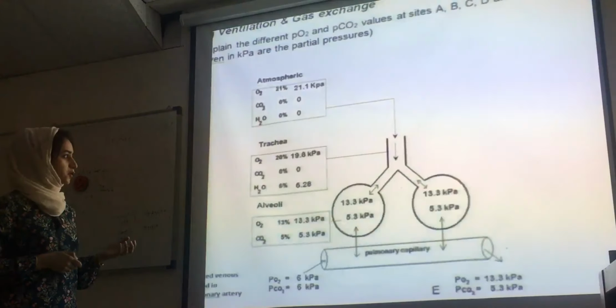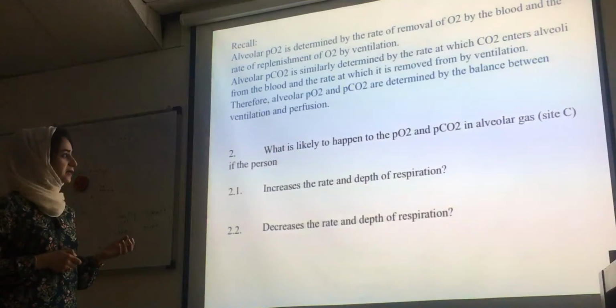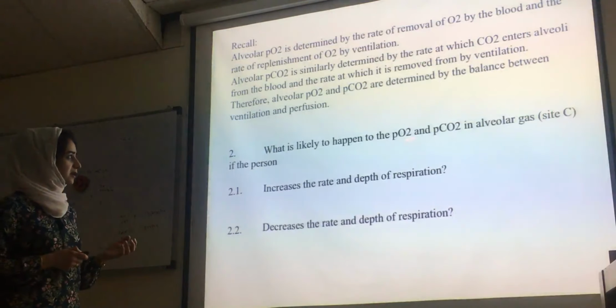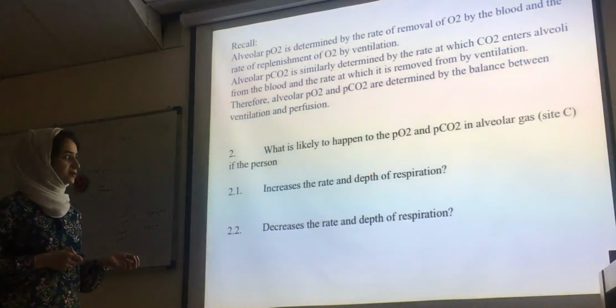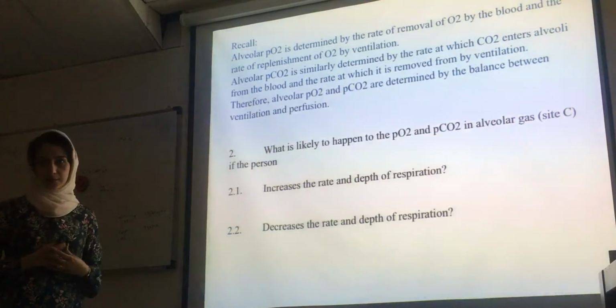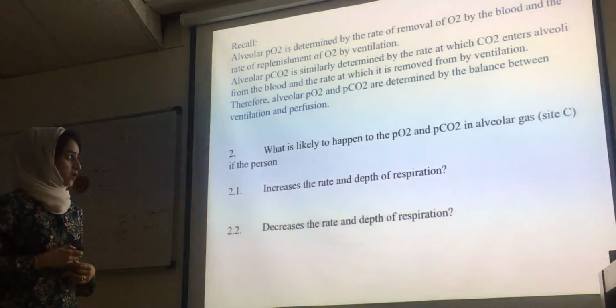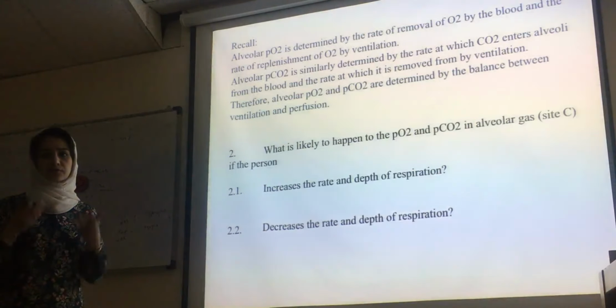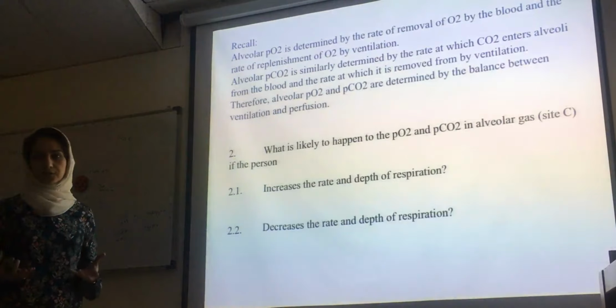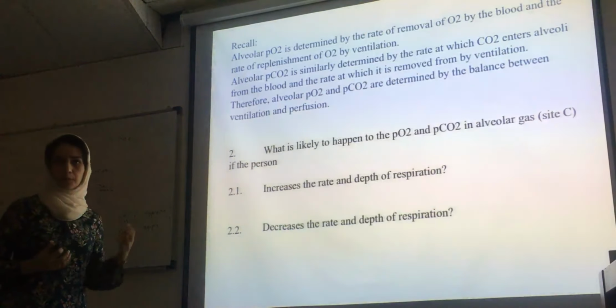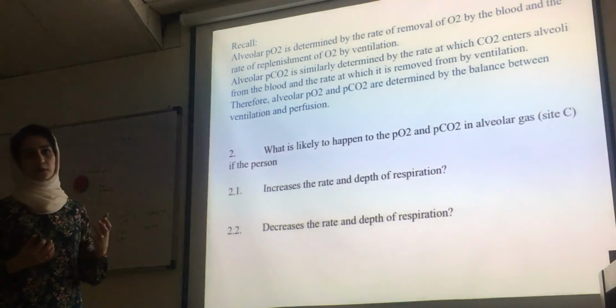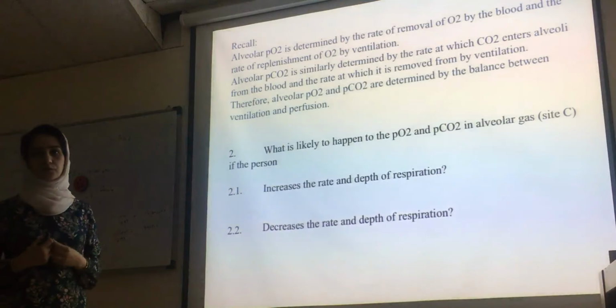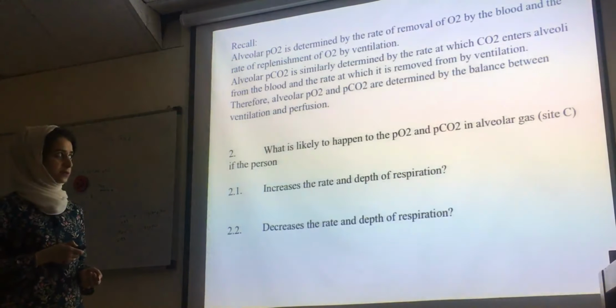So what will happen to the alveolar gas if there is an increase in the rate and depth of respiration, or a decrease in the rate and depth of respiration? When there is an increase in the rate and depth of respiration, because of excessive removal of CO2, the PCO2 decreases.